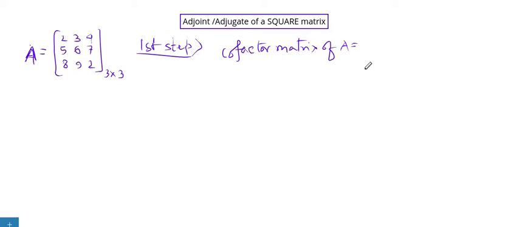So we are trying to write the cofactor matrix here. We will replace 2 by its cofactor. The cofactor of 2 is here 12 minus 63.